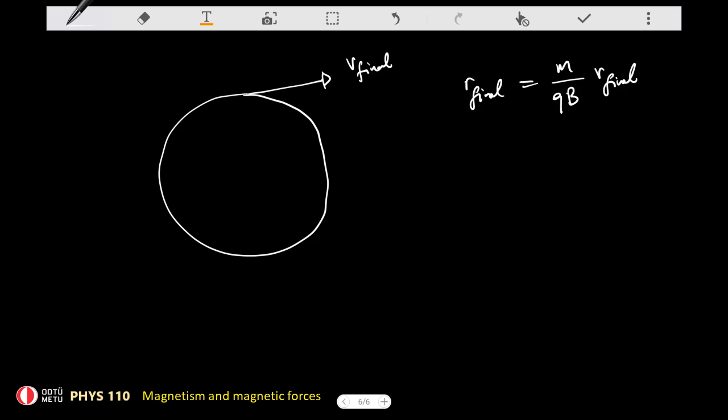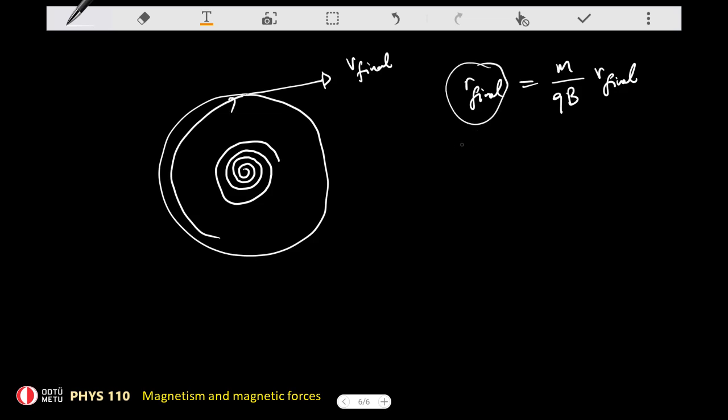Since you produced the particle at the center, its radius has continuously increased. Of course, at some stage the radius would reach the value equal to the radius of the device, right?